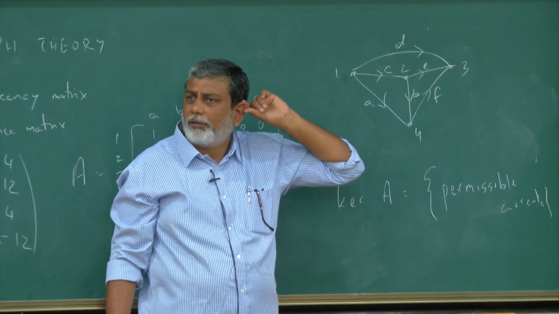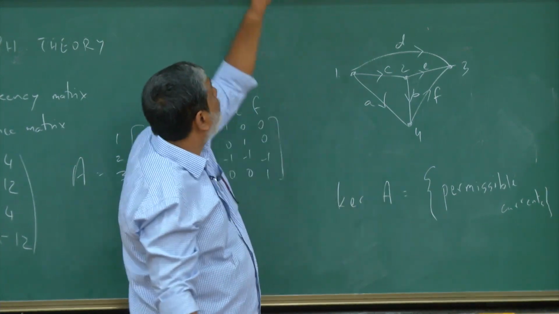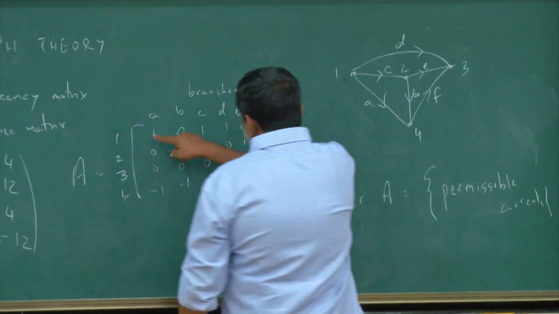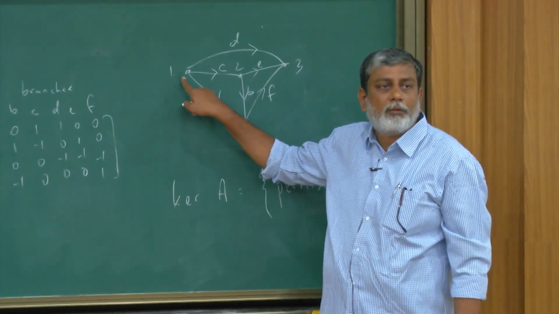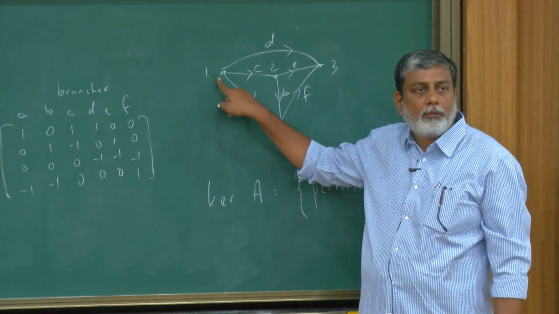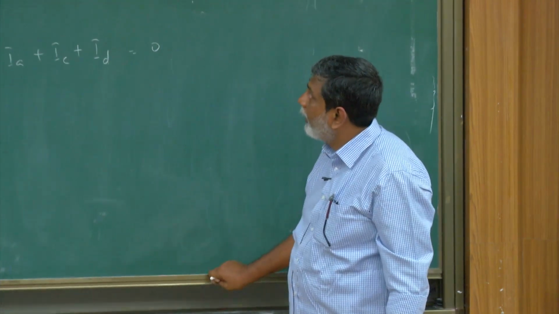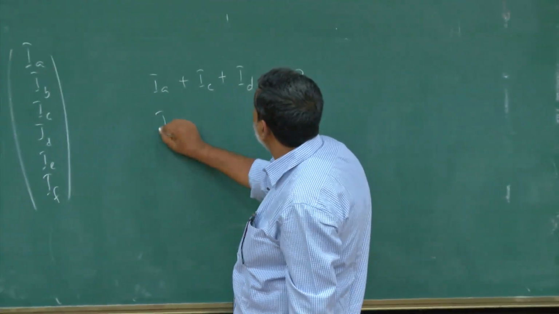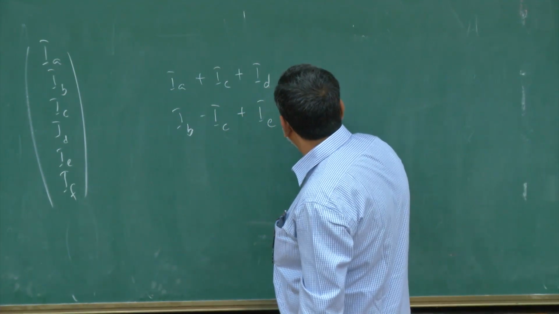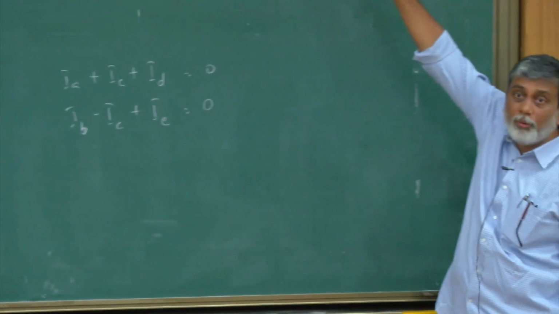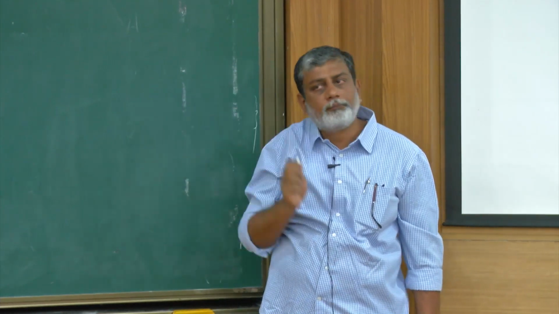So that first equation that's given is really the Kirchhoff's current law for this node. If you look at the second one, second one tells you IB minus IC plus IE equal to 0. And now if you look at the node 2, that's the Kirchhoff current law for node 2.